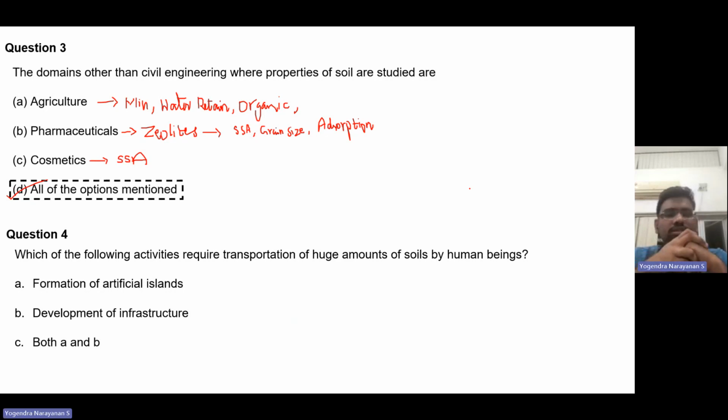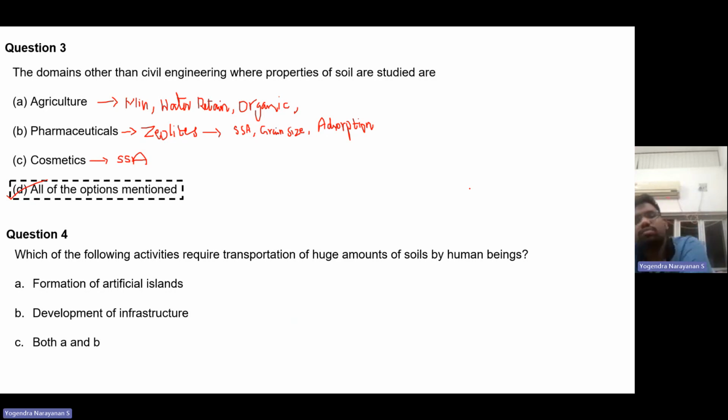So regarding option A, formation of artificial islands obviously requires a lot of tons and tons of soils to be brought from other places in order to create land by reclaiming a part of the ocean or sea.